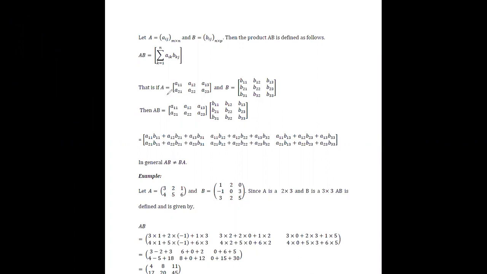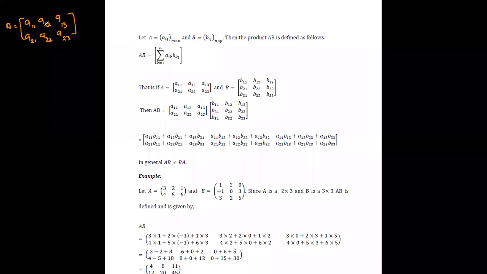Here I will take this example. Matrix A is given in the form A11, A12, and A13, then A21, A22, and A23. If you see the dimension of this matrix, you can see that it is a 2 by 3 matrix.